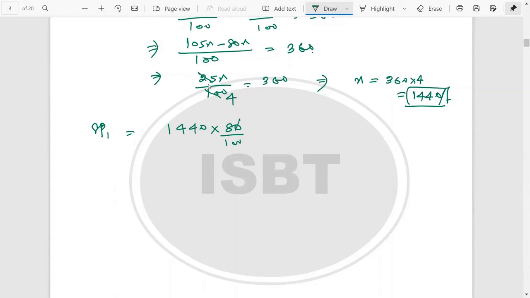Okay, 0 cancel. 144 into 8 means 1152 rupees. SP1 should be 1152 rupees.